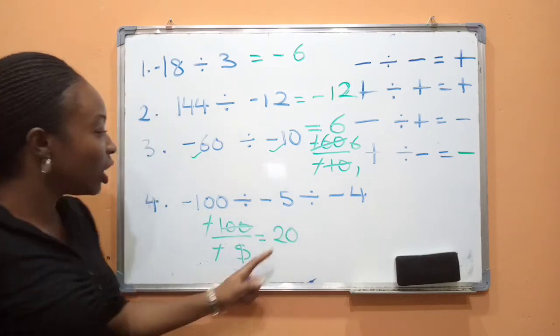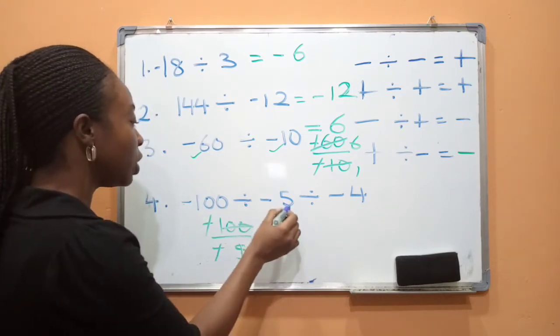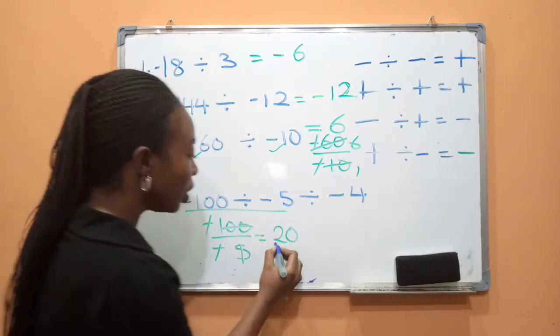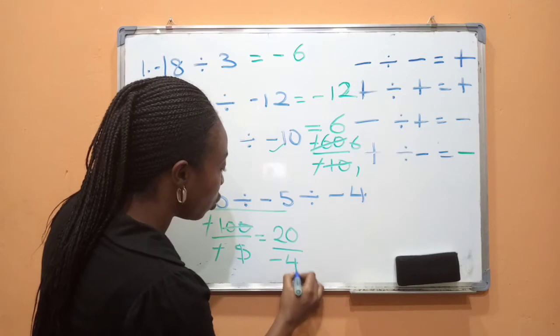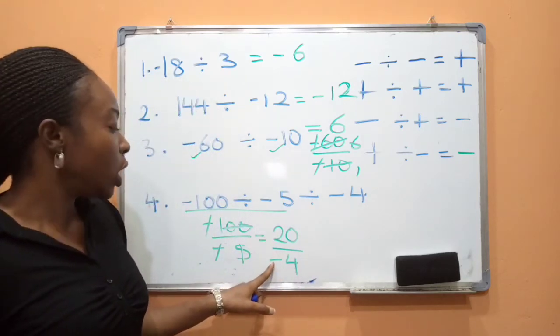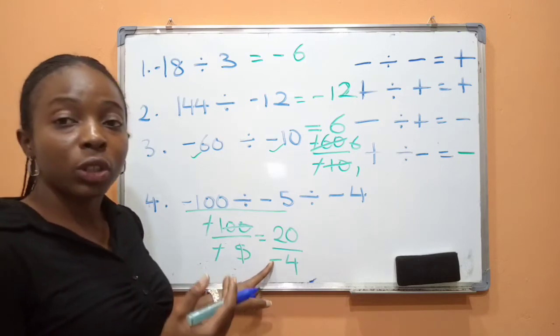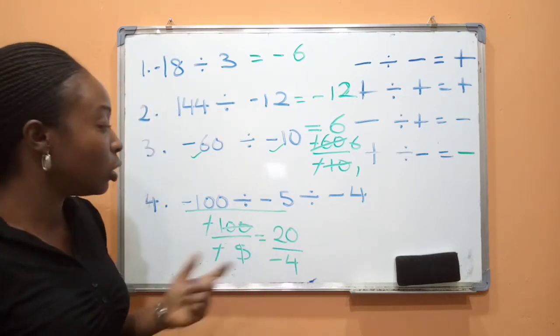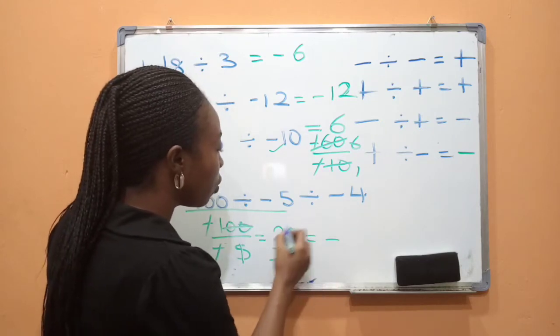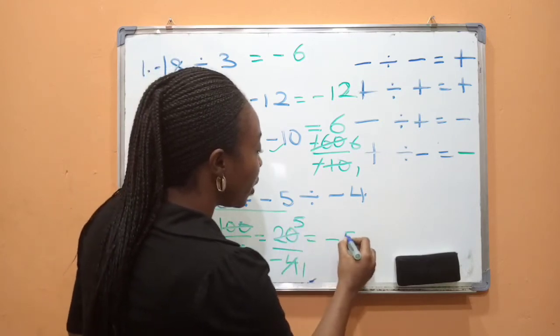So when we now say 20, we got from this result, divided by minus 4. 20 divided by minus 4. Remember, the 20 is positive and the minus 4 is negative. So when you say plus divided by minus, you're still going to have minus. So we have minus, and then 4 goes here 1, 4 goes here 5. So you have minus 5.